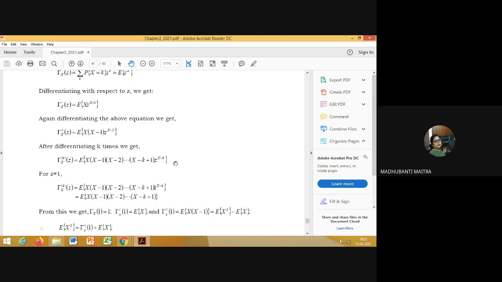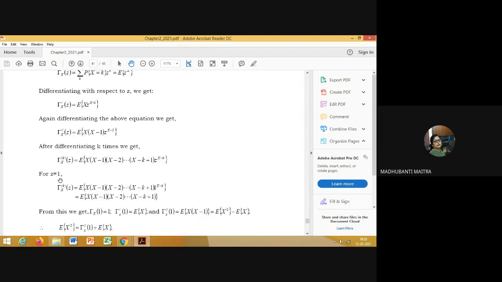So previously we were evaluating the functions where the value of the argument was considered to be 0. Now, in this case, let's assume that the value of this argument z is equal to 1.